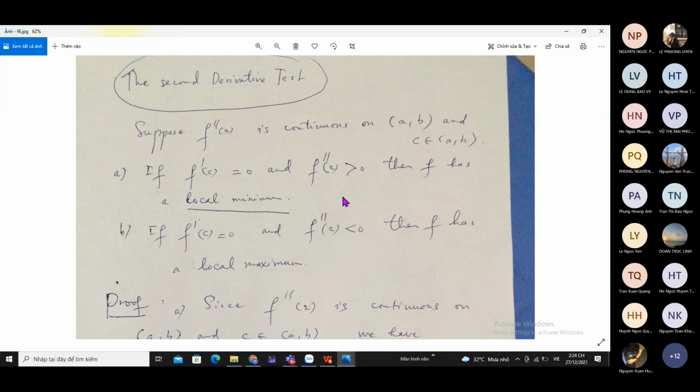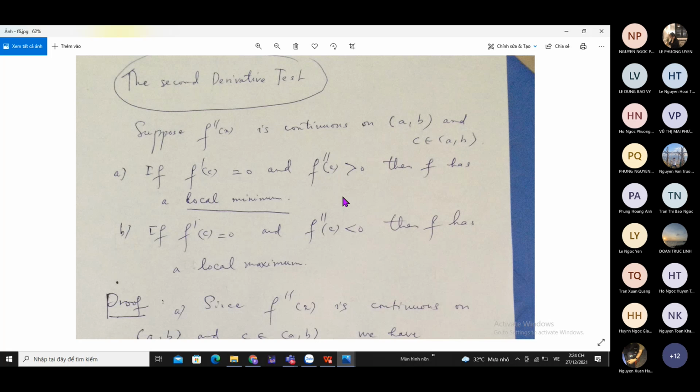Any questions? It means AB stands for a neighborhood of C. Maybe you can replace the interval AB by the interval C minus delta, C plus delta for some positive number delta.